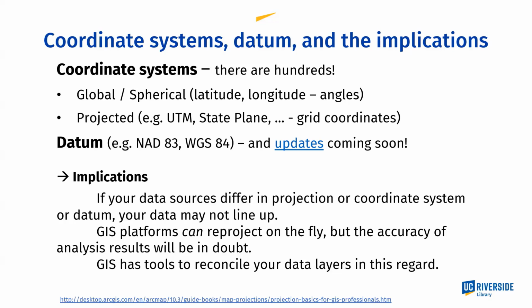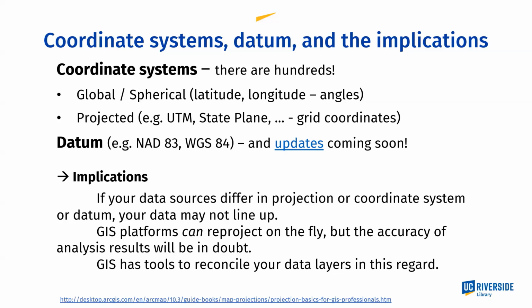But GIS platforms these days can do what's called a reprojection on the fly. And that works fine if you're looking at the data, and that's about all you want to do. But if you're going to do analysis about, say, overlaying data or something like that, co-occurrence, the analysis results will be in doubt. But all is not lost.